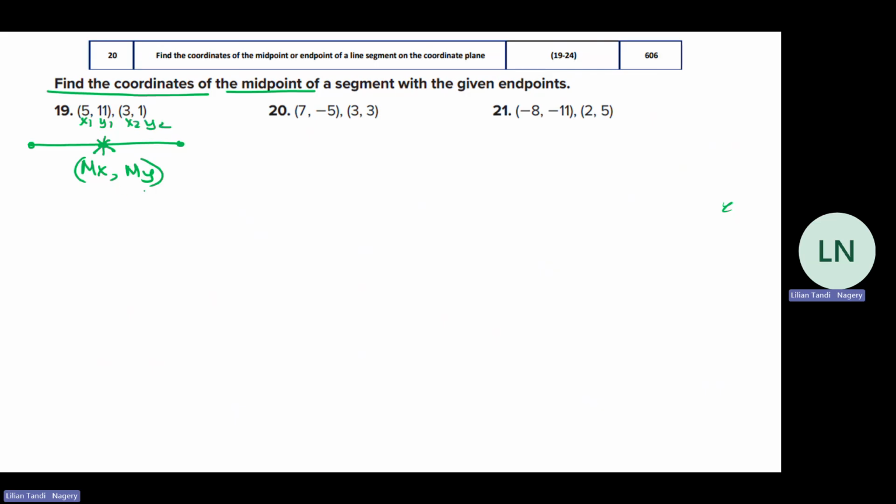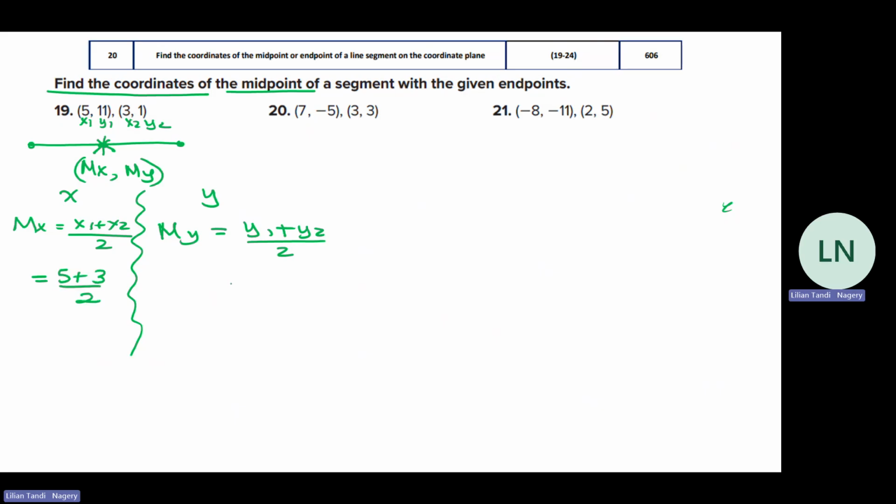So divide your workspace into two. You're going to do your x's here and your y's here. Okay, so you're going to write mx equals x1 plus x2 divide by 2. You're going to write my equals y1 plus y2 divide by 2. And then you just put your numbers. This becomes 5 plus 3 divide 2.